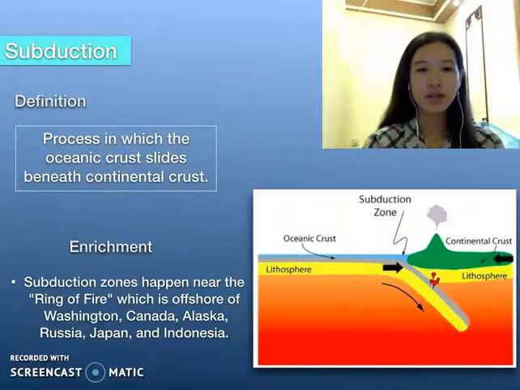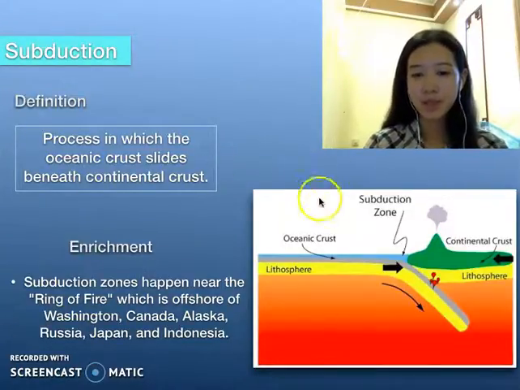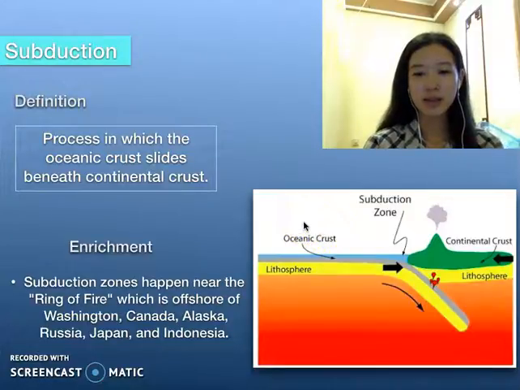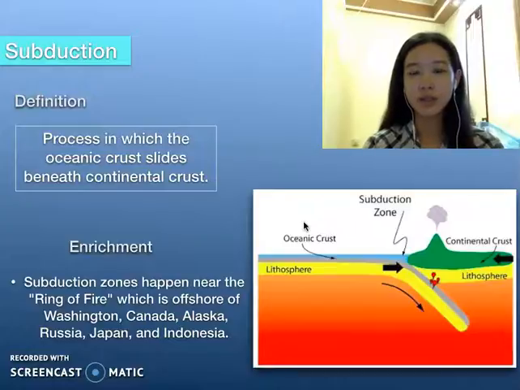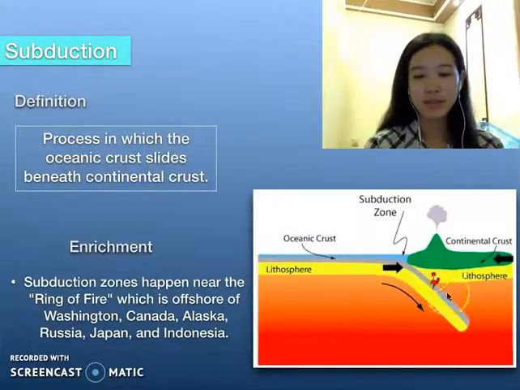Subduction. The definition of subduction is the process in which the oceanic crust slides beneath continental crust. So if you look at the diagram here, when an oceanic crust collides with a continental crust, because the density of the oceanic crust is greater than the density of the continental crust, the oceanic crust slides beneath the continental crust.